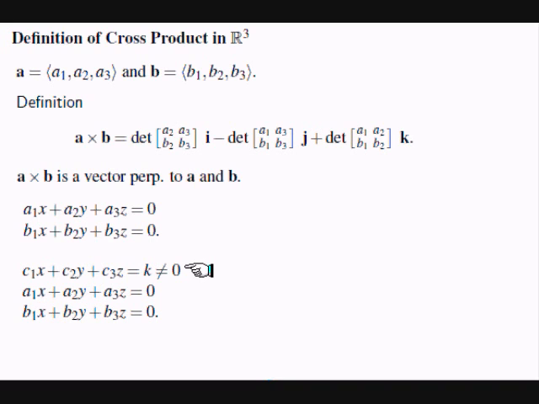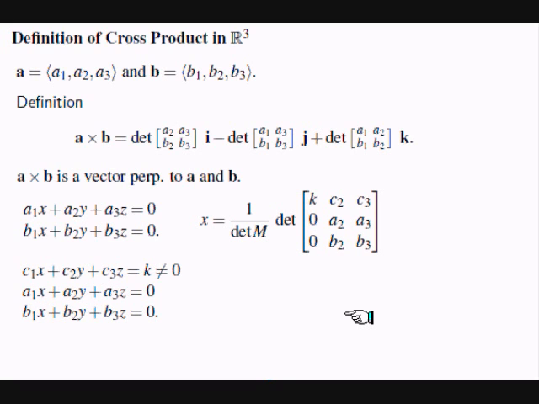Because it has this square matrix size, we can use something called Cramer's rule. Cramer's rule gives a straightforward algebraic solution to the system of linear equations.